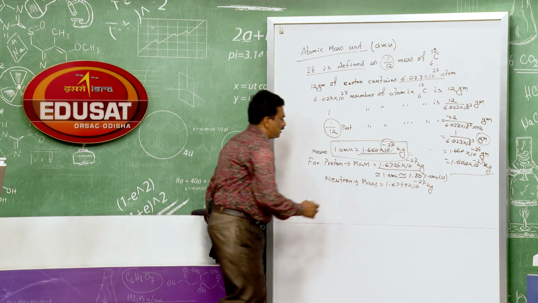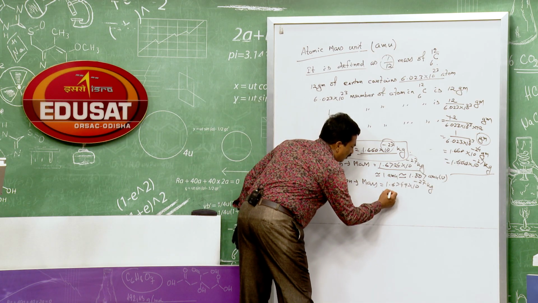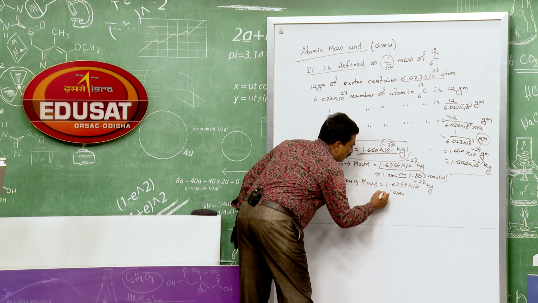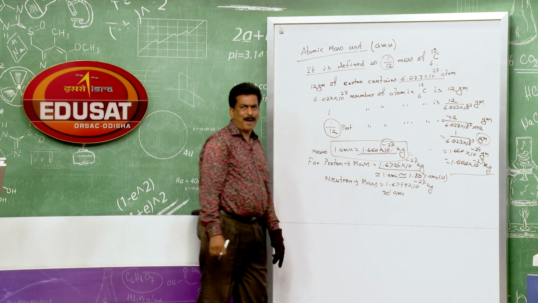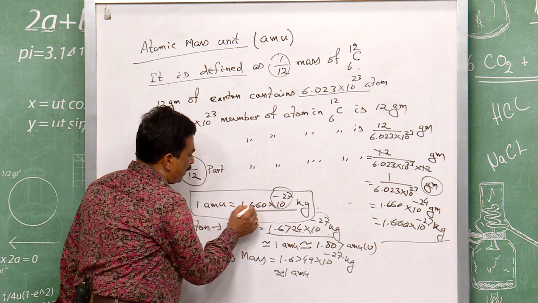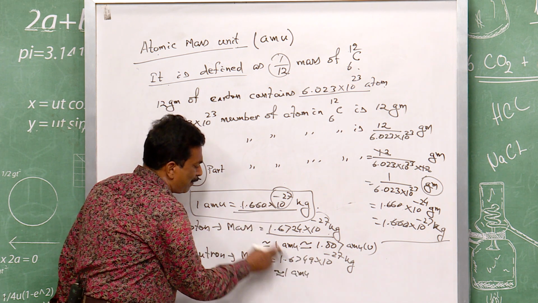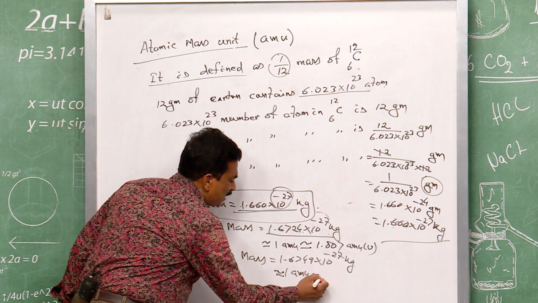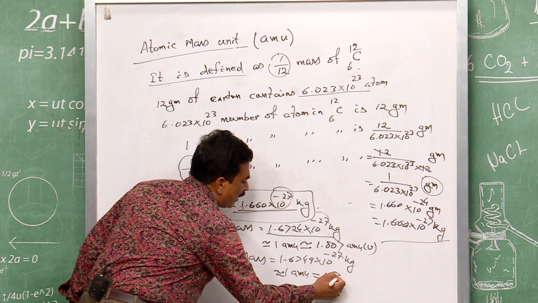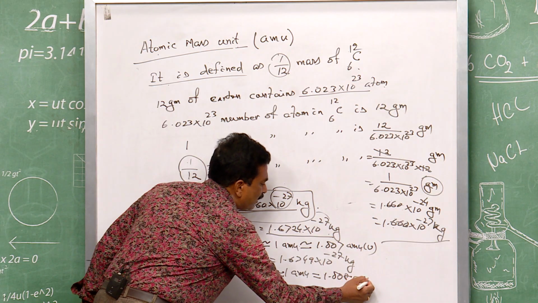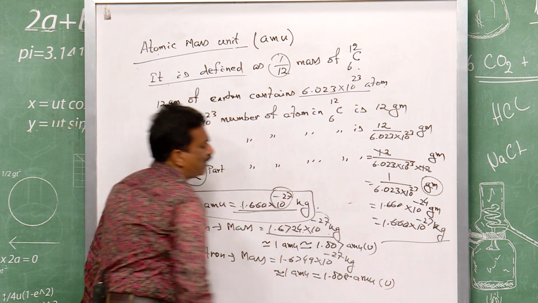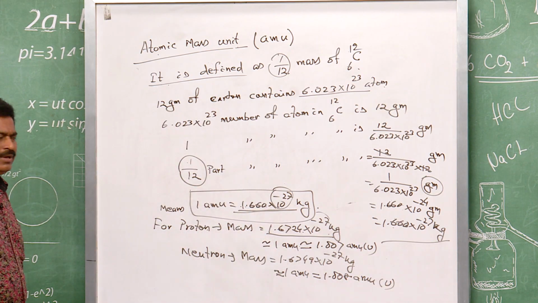That we wrote yesterday. So that is approximately 1 AMU. You see, this is 1.660, this is 1.6749. So this is approximately 1 AMU, means this is equal to 1.008 AMU, or you can write it as u.